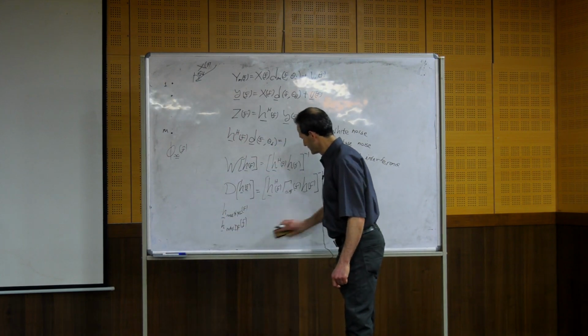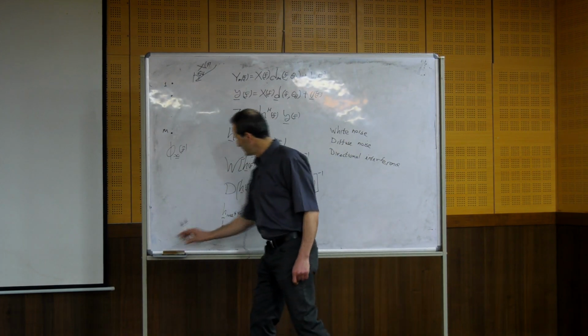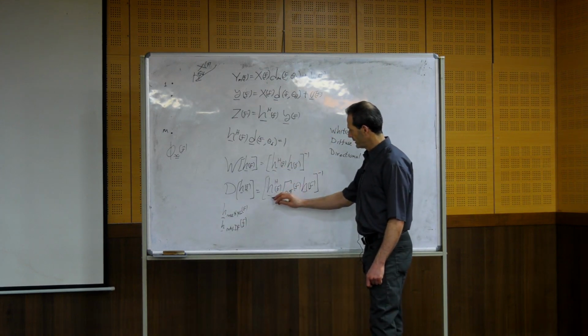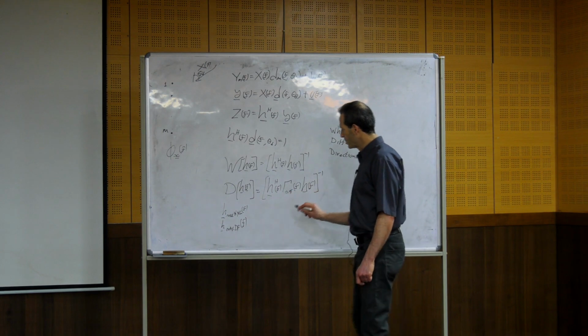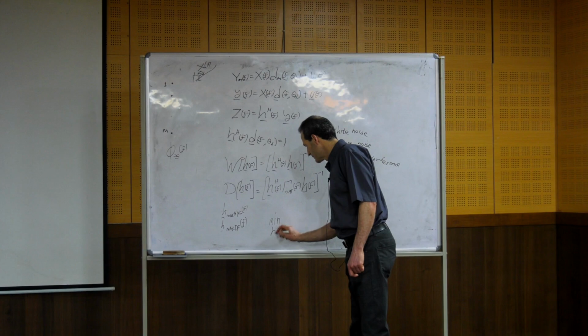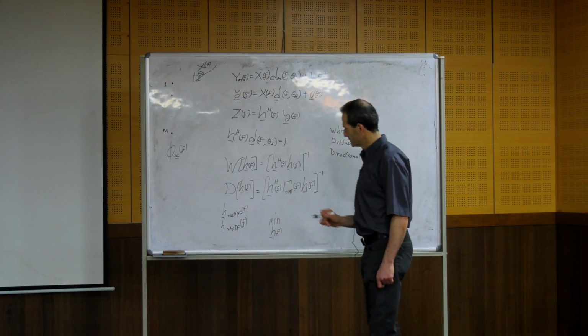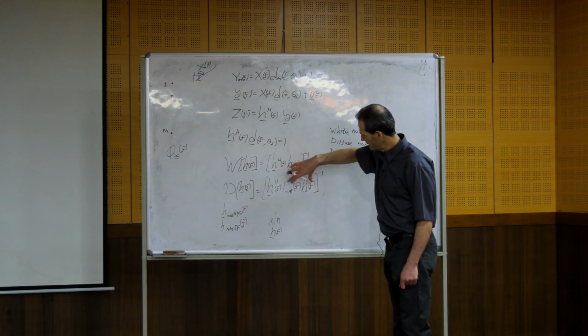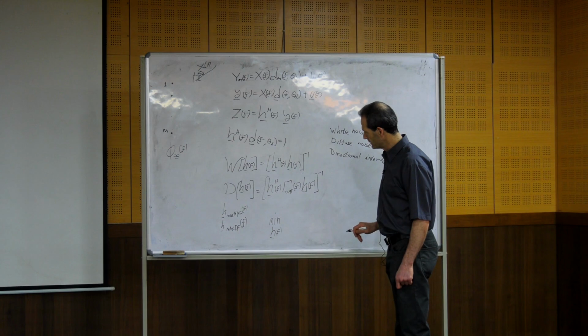Instead of minimizing this or minimizing this, we will try to minimize a superposition of these two. How do we do that?